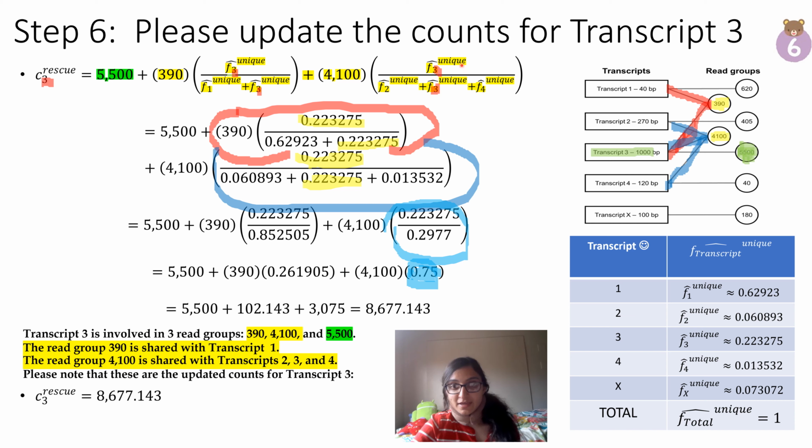You just have to take whatever the transcript is in the numerator, divided by that transcript again, along with the denominator that includes that transcript and any other transcripts it's sharing with. You're just going to add up the relative abundances. So if it was sharing it with X as well, for some reason, if there was an edge going from here to here, you would just have to add this Fx part in the denominator, and so on.